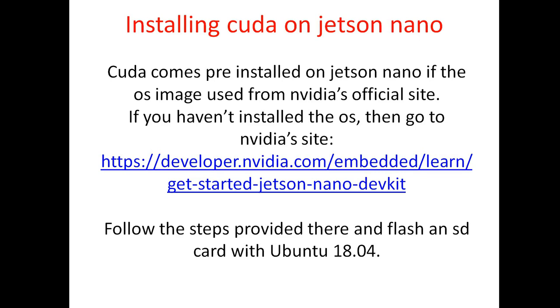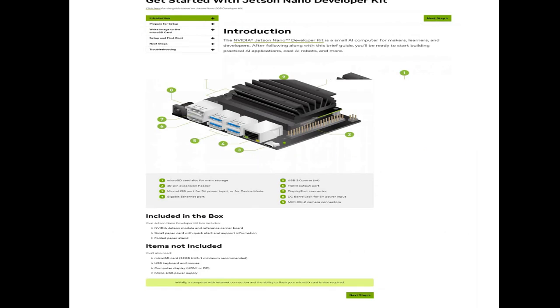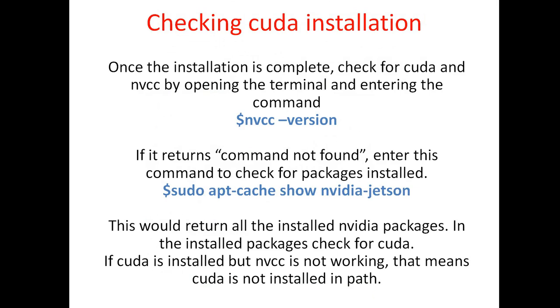We have installed Ubuntu 18.04, and we bought an SD card, 16 GB or 32 GB or whatever. You can burn the ISO file of Ubuntu 18.04 onto it. After that, you can insert that into this board and get started.